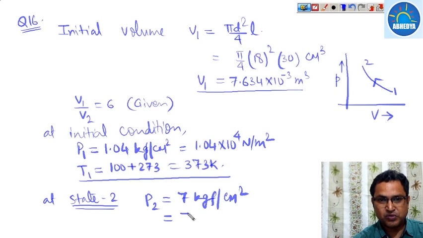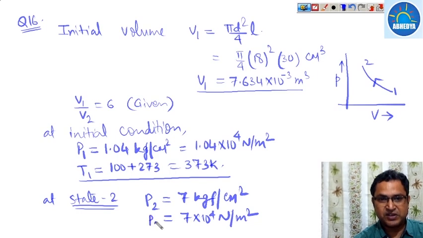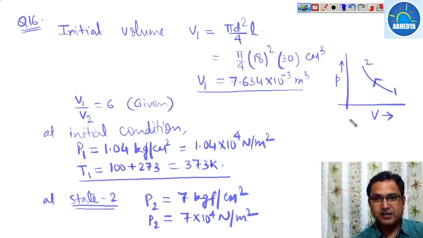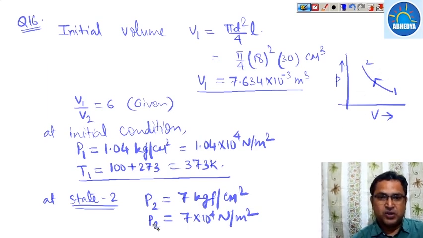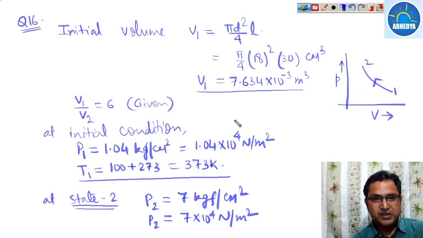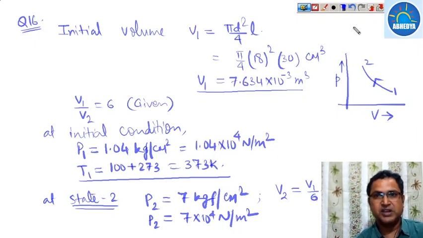So this comes to be 7 into 10 raised to the power 4 Newton per meter square. This is the pressure at the end of the compression. Volume is known, obviously. What is V2? V2 is nothing but V1 upon 6.